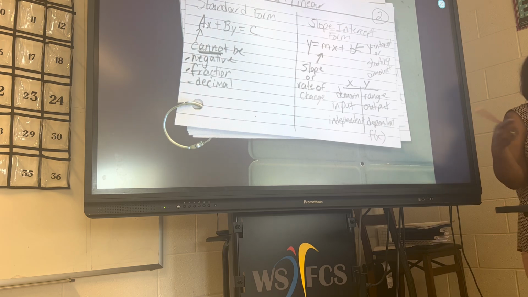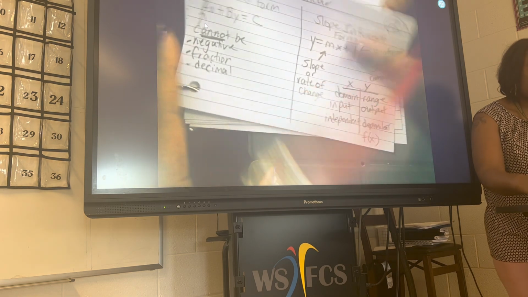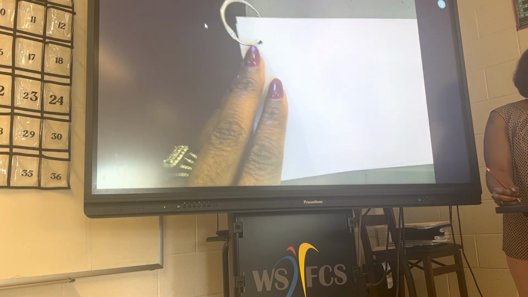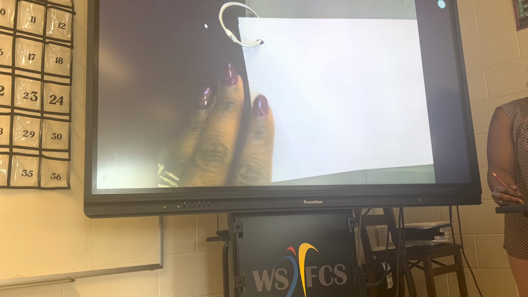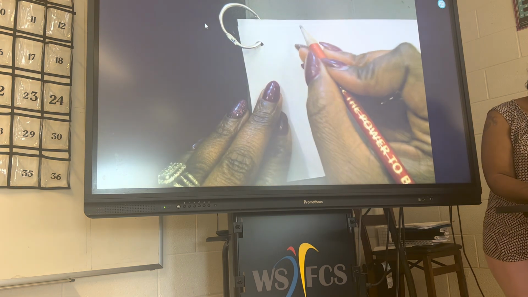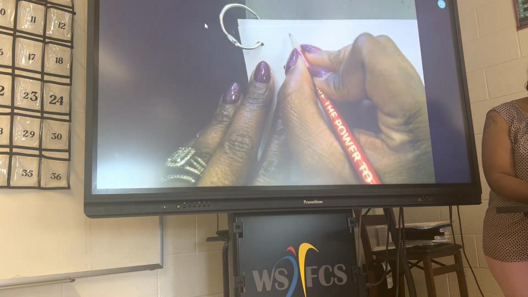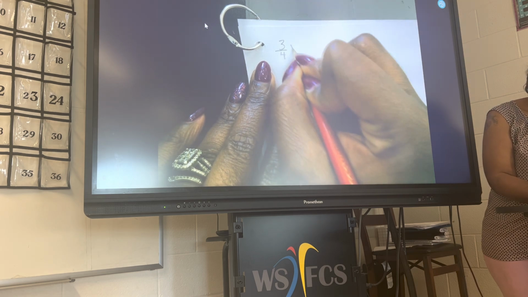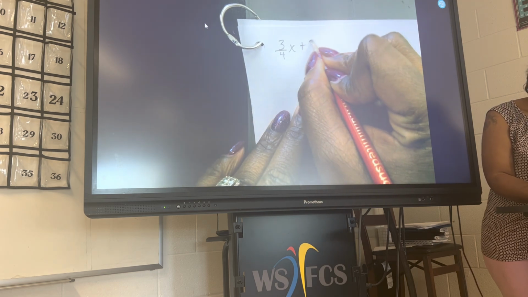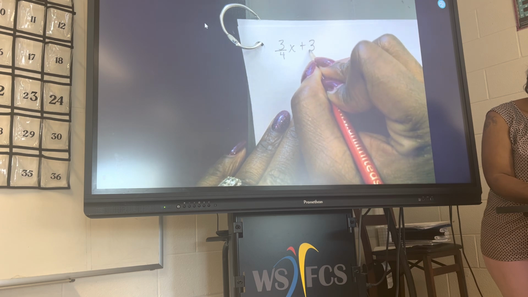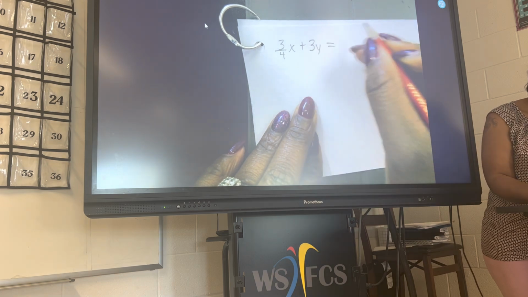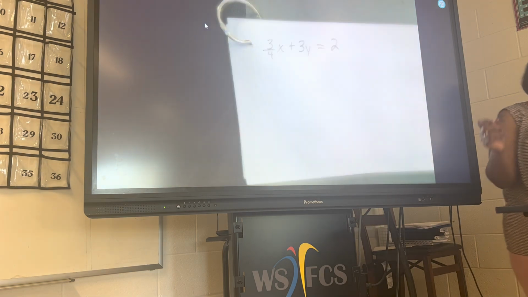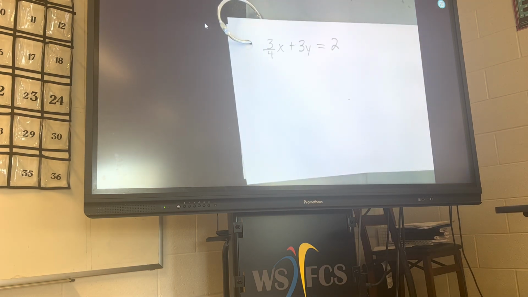I'm going to do an example for standard form so you can see it. If I want to write this equation in standard form, let's start like this. If we have 3 over 4x plus 3y is equal to 2, this is not in standard form.